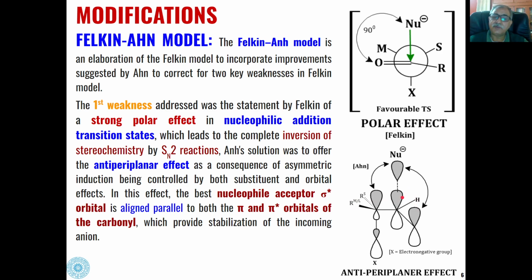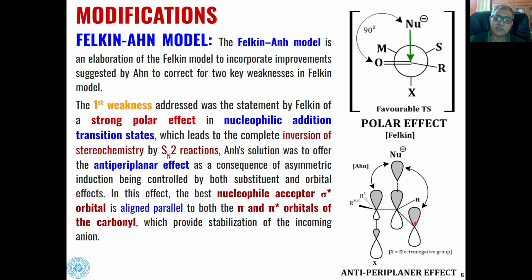So basically here, in the anti-periplanar effect, the nucleophilic acceptor sigma antibonding orbital is aligned parallel to both the pi and pi antibonding orbitals of the carbonyl group.